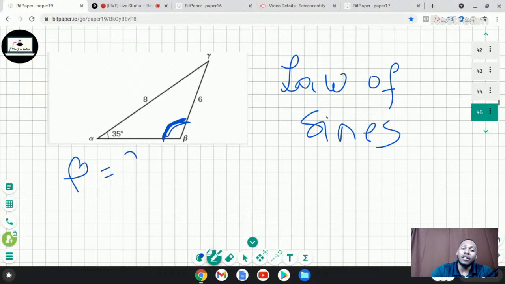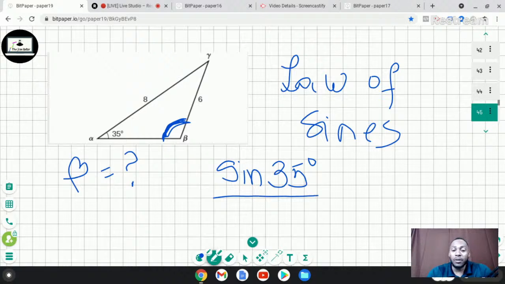So let's say I'm looking for the angle beta. I don't know what this angle is. What I will say is the law of sines says that if I have the sine of the angle alpha, 35 degrees, and in this case the angles are in degrees, divided by the length of the side that is opposite to this angle alpha.